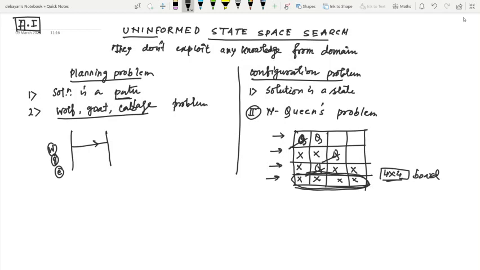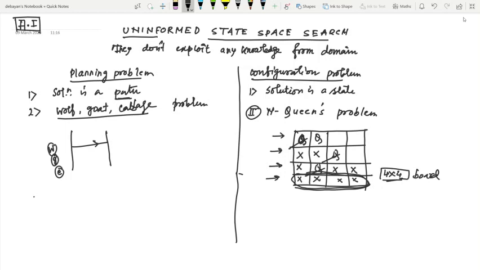What does it mean? After some steps a particular state will be reached where the queens are placed at their right places, satisfying all the constraints. That is the n-queens problem, a configuration problem where the solution is nothing but a state, but in planning the solution is a path.